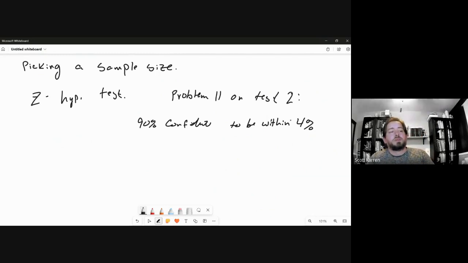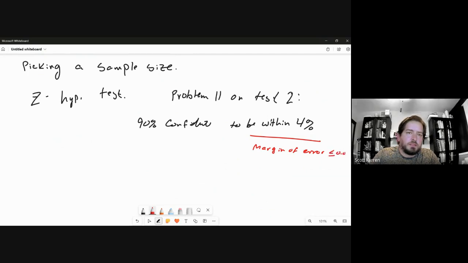What that means is that he wants his margin of error to be less than or equal to 0.04, 4%, right?